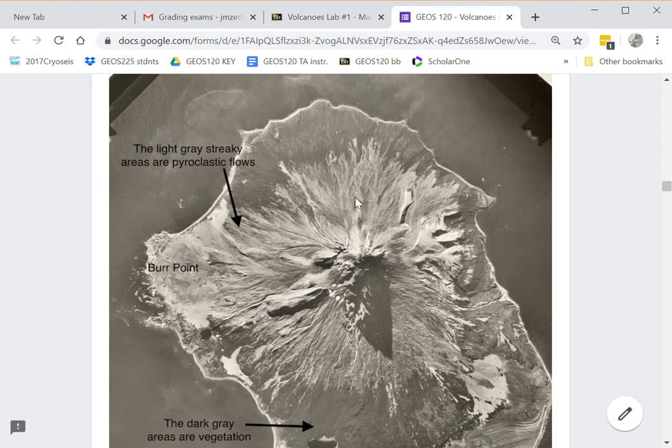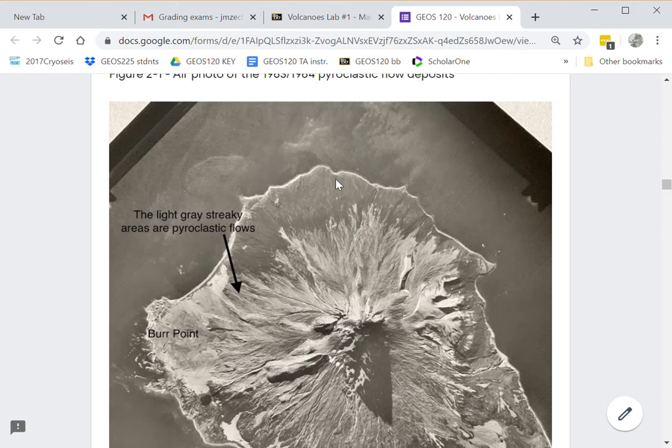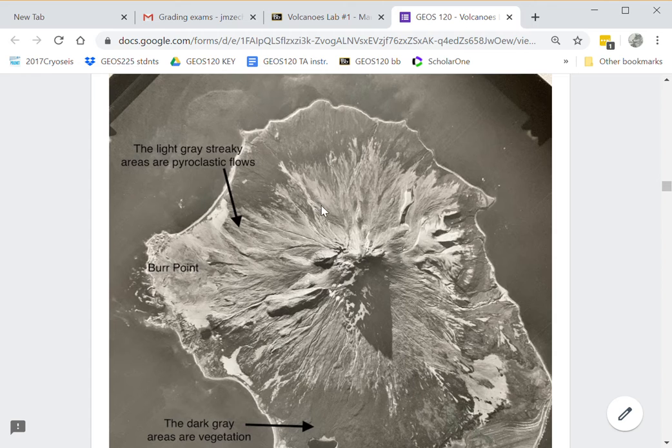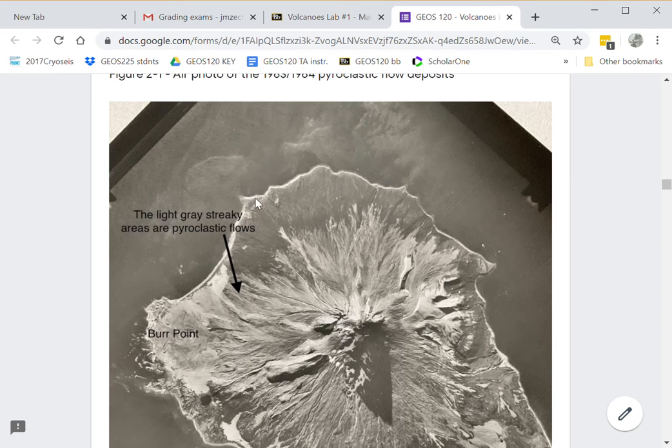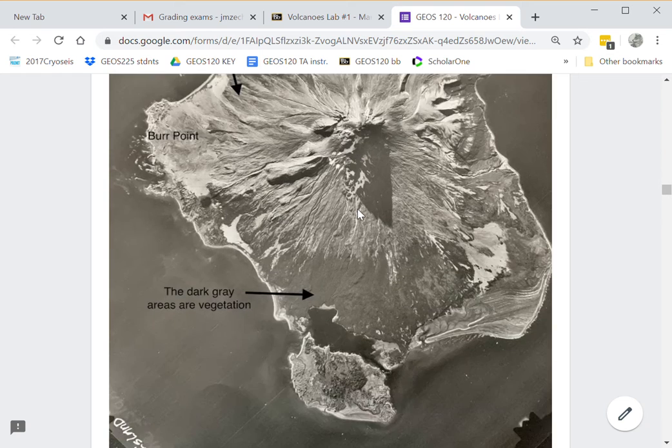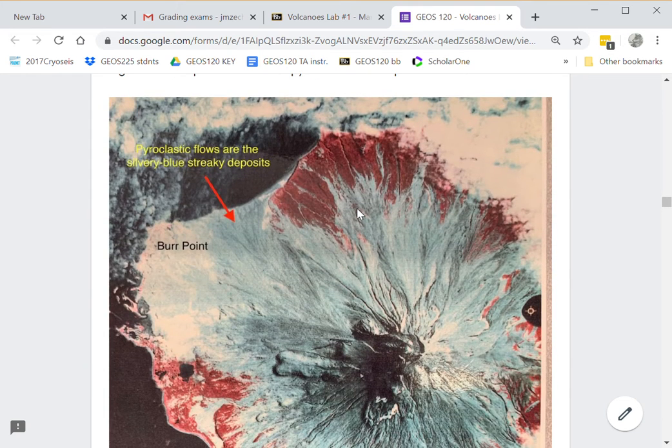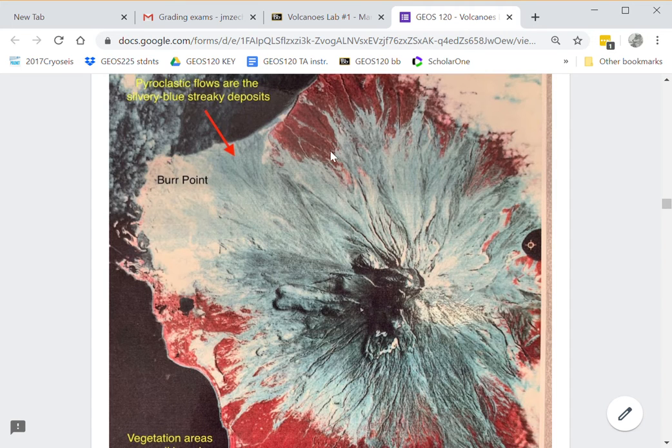It shows you pyroclastic flow deposits in 1963. This is the light gray versus vegetation, which is the dark gray. And then you can see this is the border of the pyroclastic flow deposits in that year. And later in 1976, the border changed again. Here's vegetation, here's pyroclastic flow deposits. You draw the border right around here.